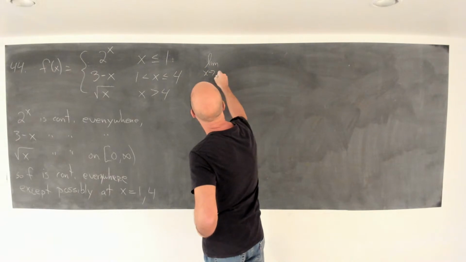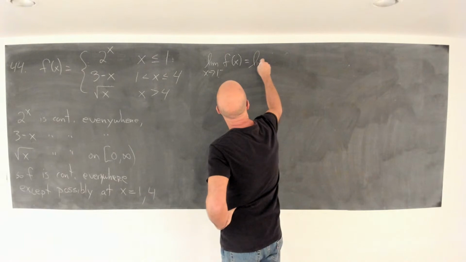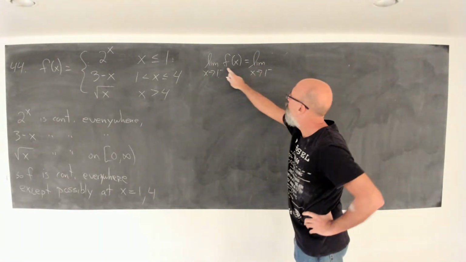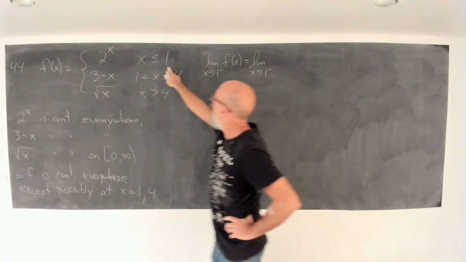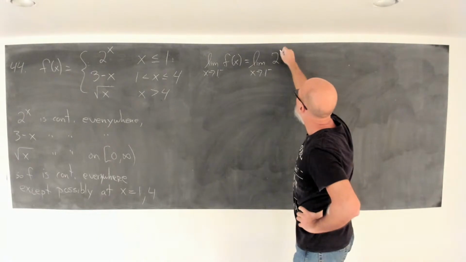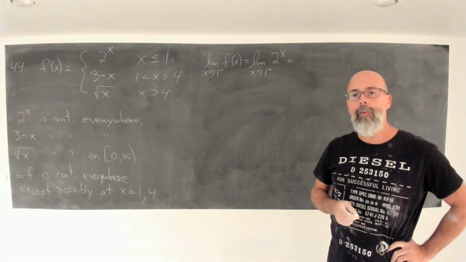By looking at the limit as x goes to 1 from the left, what is your function for values less than 1? When x is less than 1, the function is 2 to the x. And what is this limit?